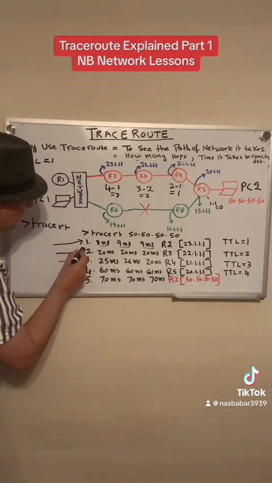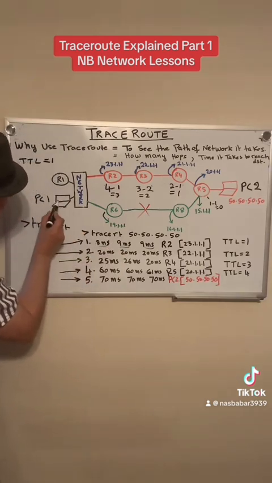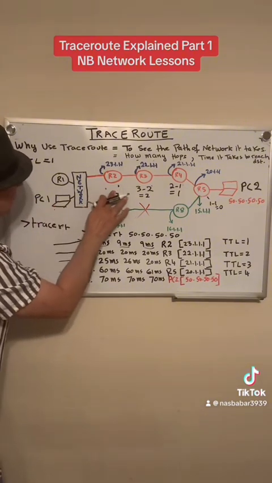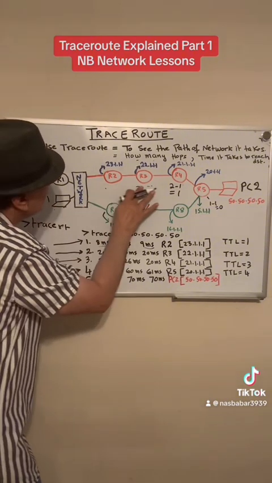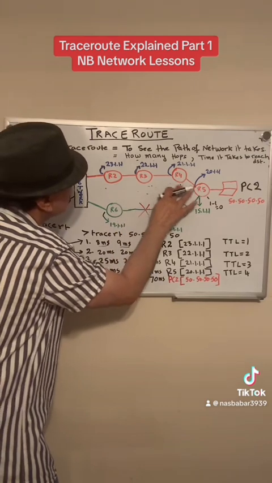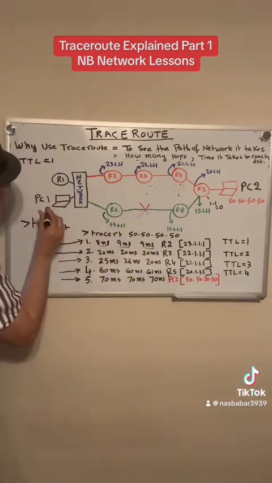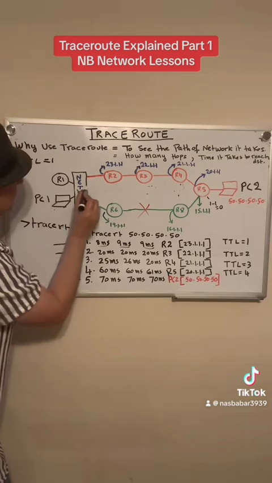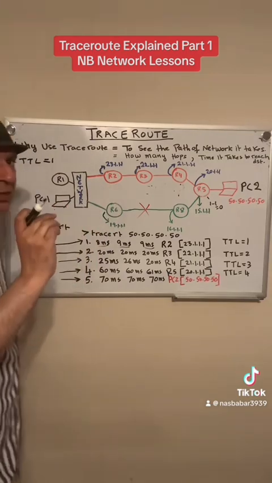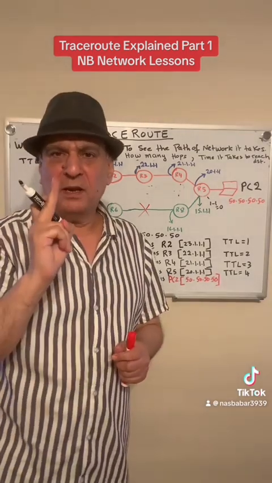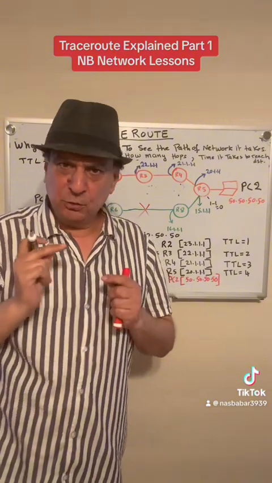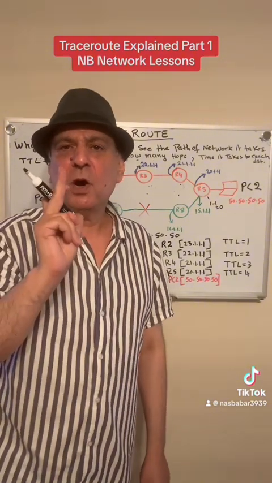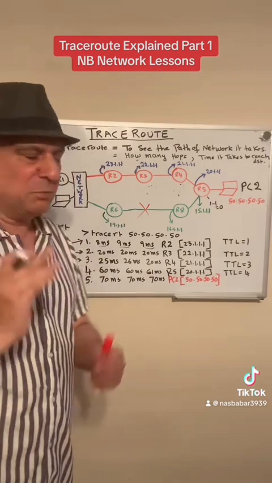First hop: my packet leaves PC1, ICMP leaves PC1, and hits R2 right here. When PC1 sends ICMP to R2, it sends a time to live of 1. That means, hey, you're leaving, you can live only 1 hop. Okay, so keep that in mind.